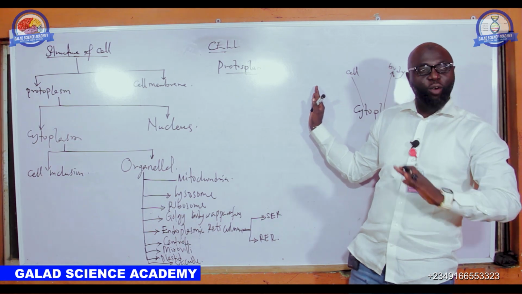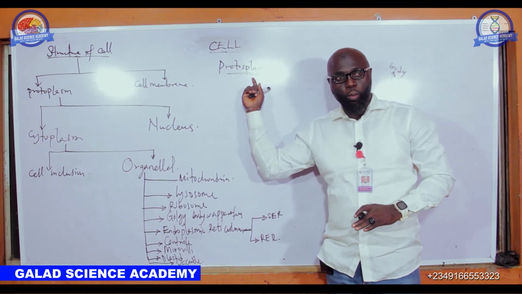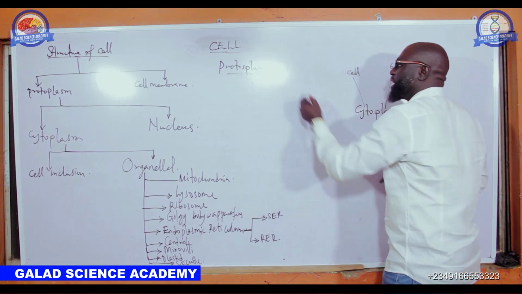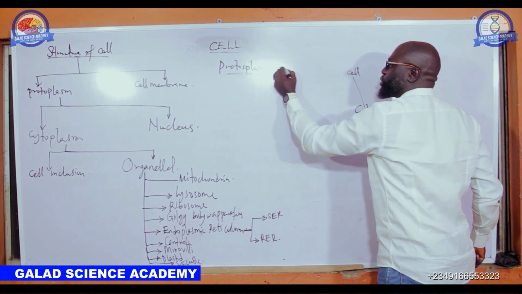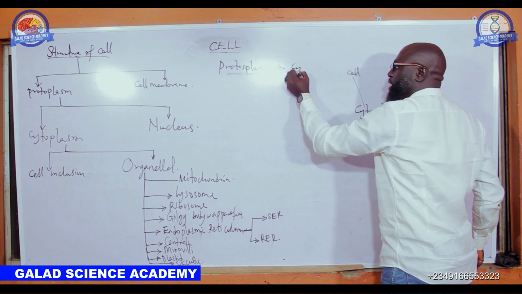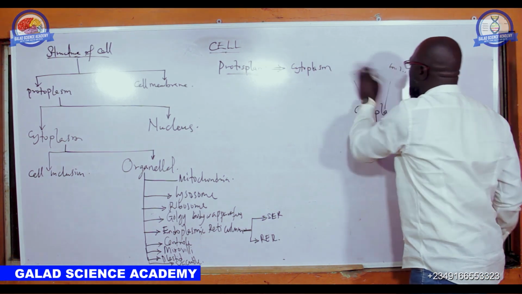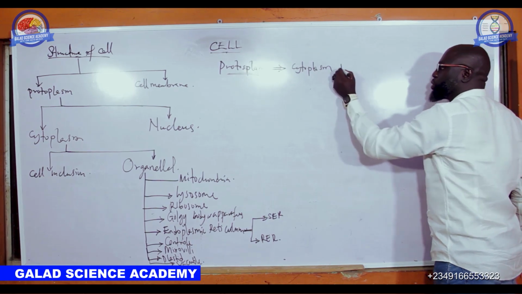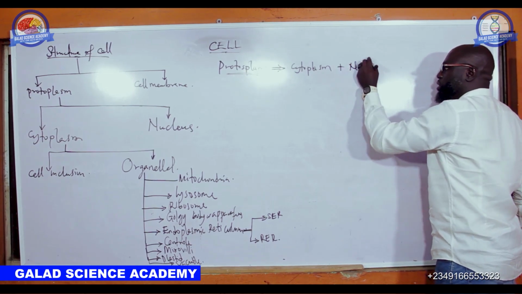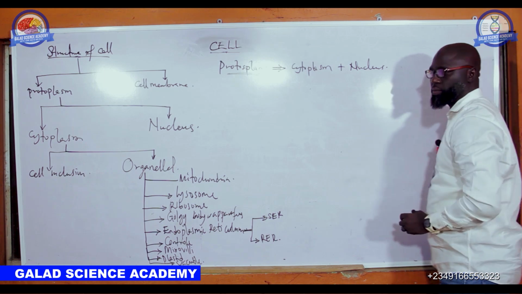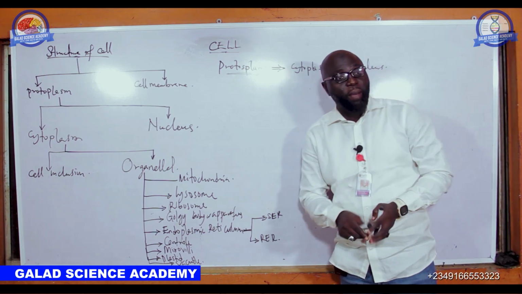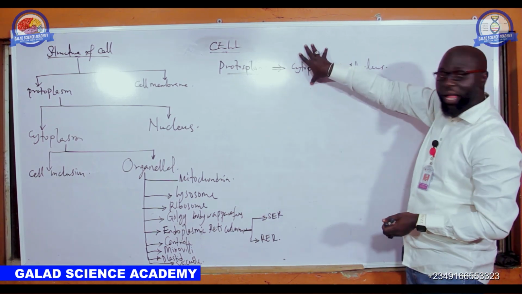Or the living part of the cell is called protoplasm. And the protoplasm is comprised of two things: cytoplasm plus nucleus.